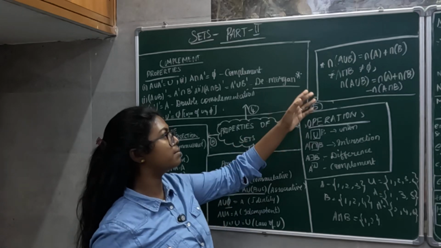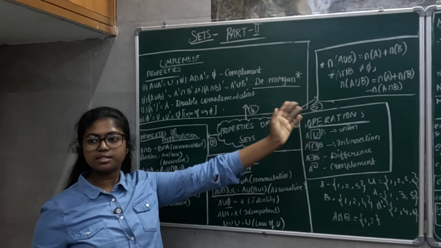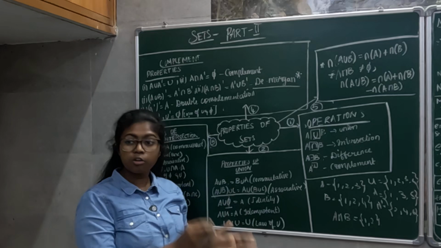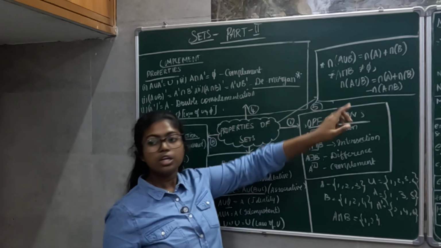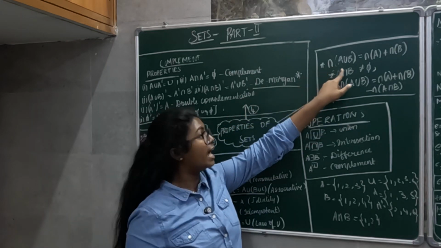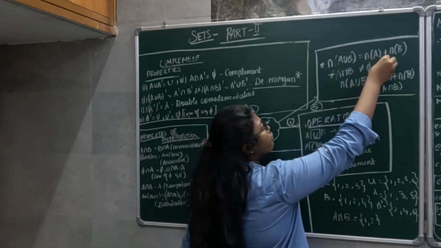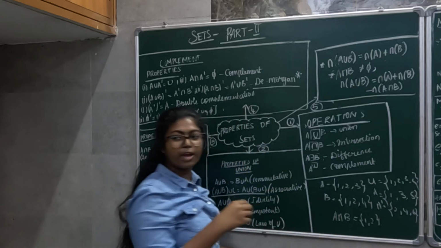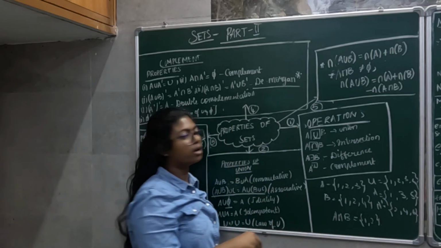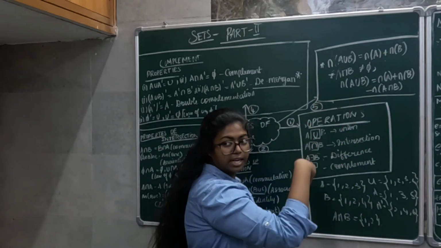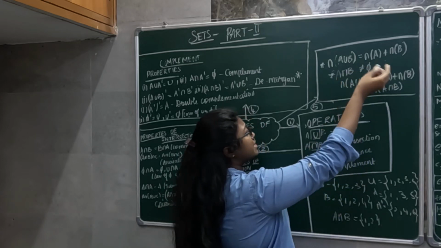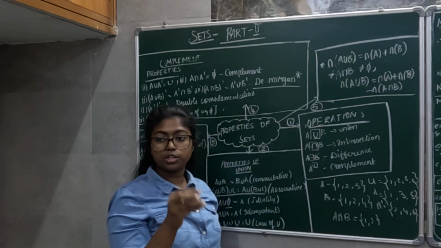And we have some general formulas for identifying the number of elements in A union B. Here n represents the number of elements. So n of A union B is equal to n of A plus n of B. So if we add both, we get the number of elements in that. Then there is a condition: A intersection B is not equal to the null set.